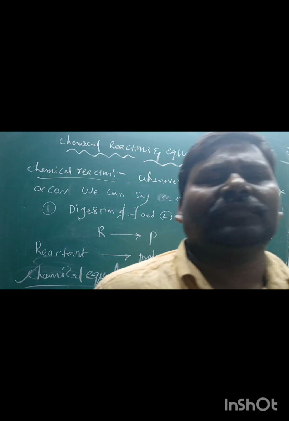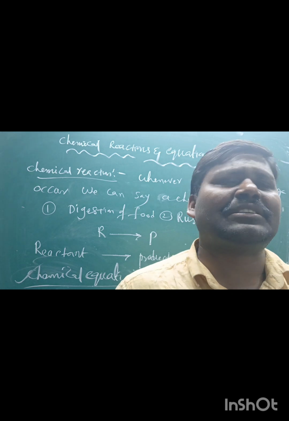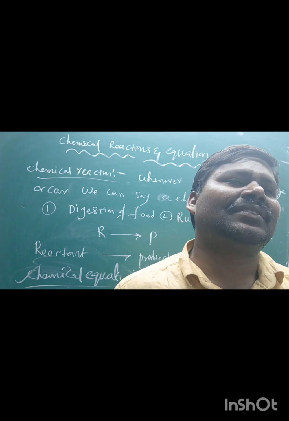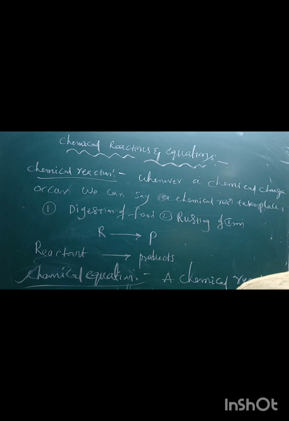Or the equation in which the number of atoms of various elements on the reactant side and the product side may be equal or may not be equal is called a chemical equation. A chemical reaction can be expressed symbolically by using a chemical equation.